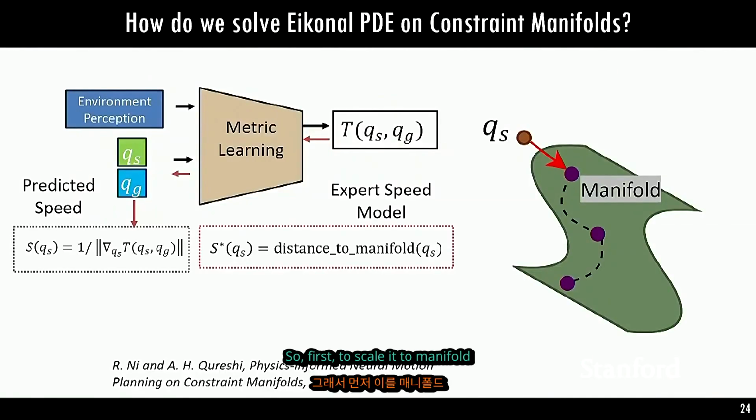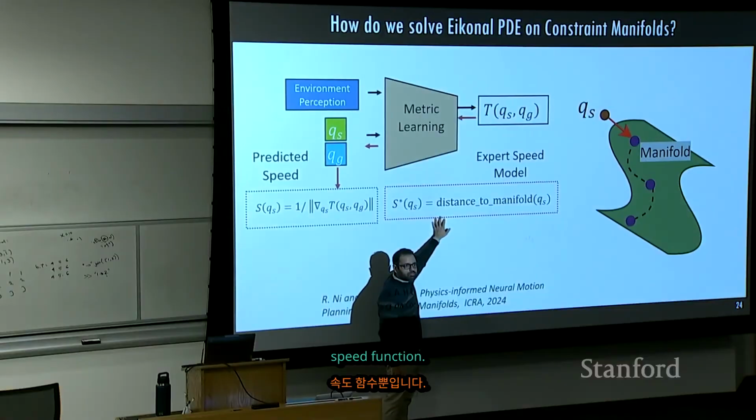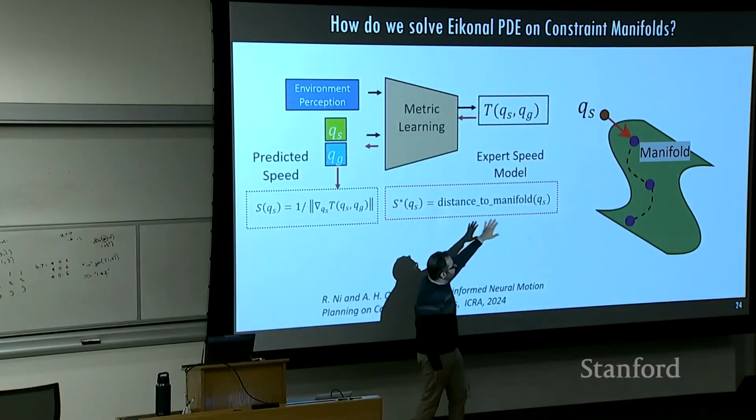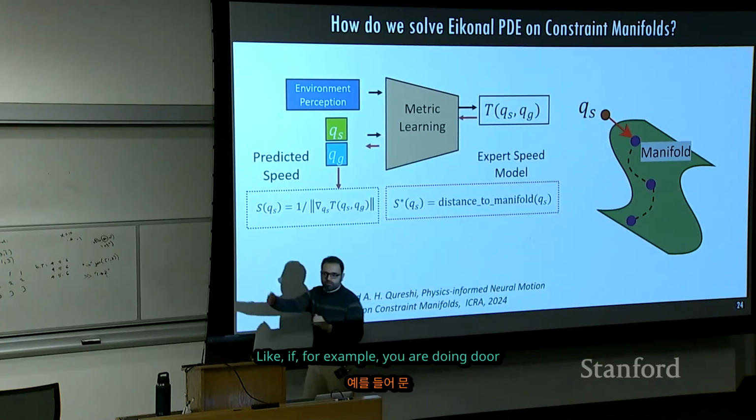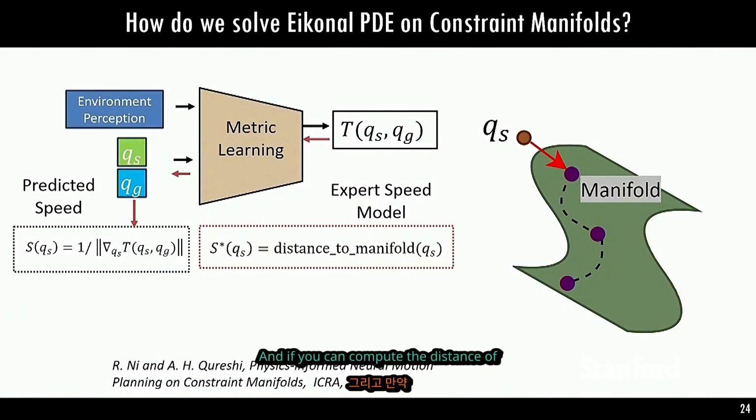So first, to scale it to manifold or manipulation problems, all you have to change is your expert speed function. Instead of distance to obstacle, make it distance to constraint manifold. For example, if you are doing a door opening task, that's one manifold. And if you can compute the distance of the robot configuration to that manifold, you can use that as a training function.